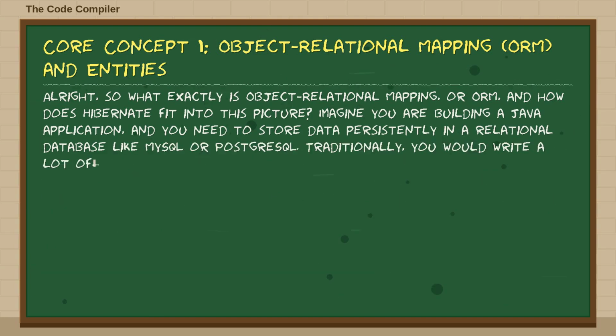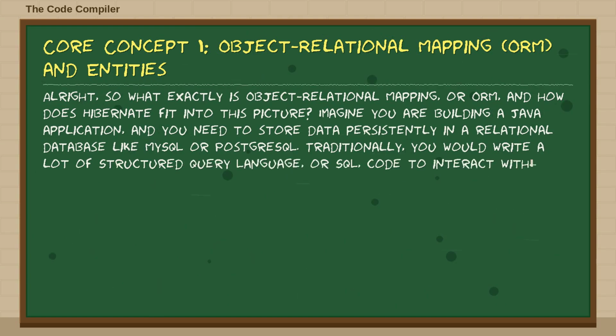Traditionally, you would write a lot of structured query language, or SQL, code to interact with the database. This creates a mismatch between your Java objects and the database tables. This is where ORM comes in. ORM provides a bridge, allowing you to work with database data using familiar Java objects rather than raw SQL.